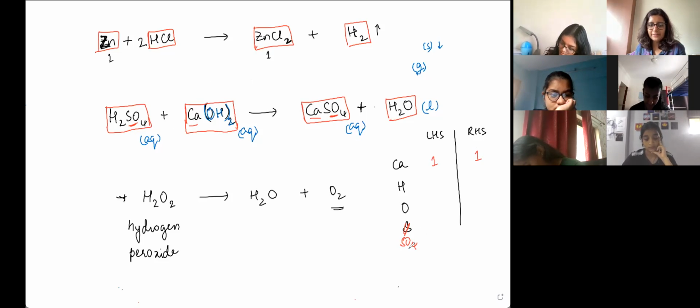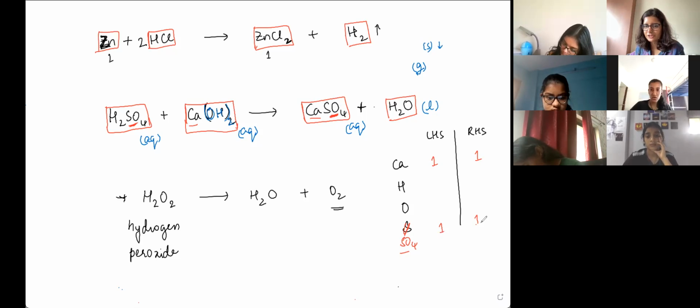Hydrogen, oxygen, leave it for the end. Sulfate also, there's 1 unit of sulfate here and 1 unit here, like 1 sulfur 4 oxygen, 1 sulfur 4 oxygen. So this is also 1, not disturbed.